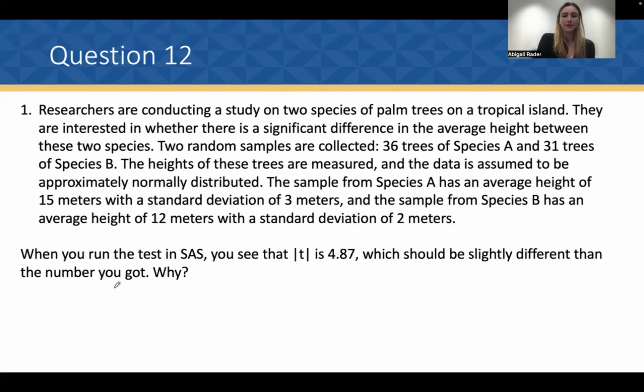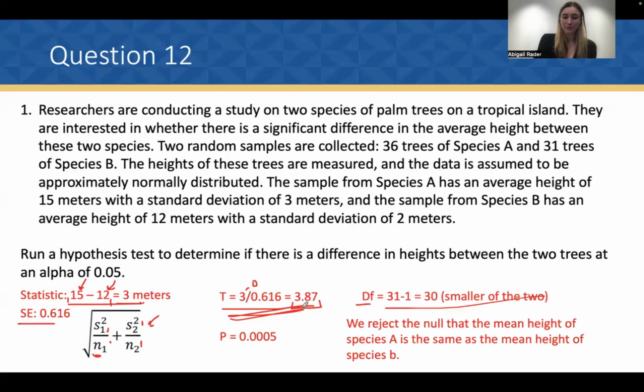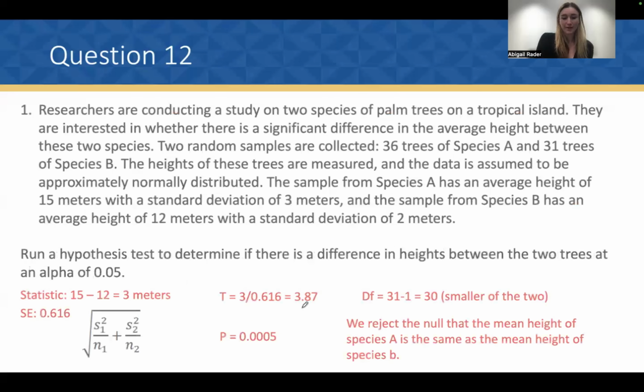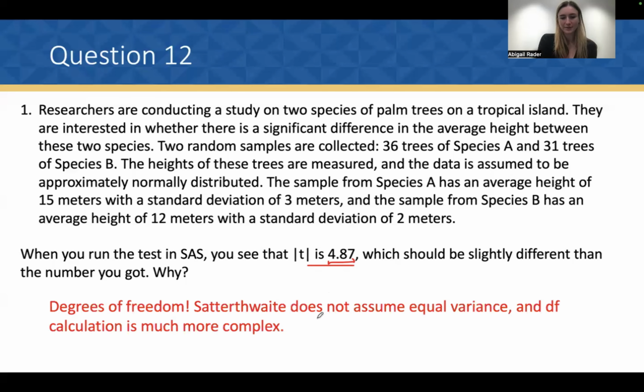Okay, so let's say that we have all of this data in SAS and we run it and we get a t of 4.87. This is obviously a little bit different than our t here, which was 3.87. So why do we get this different value? The reason is that when we work in SAS, our degree of freedom is going to be different.